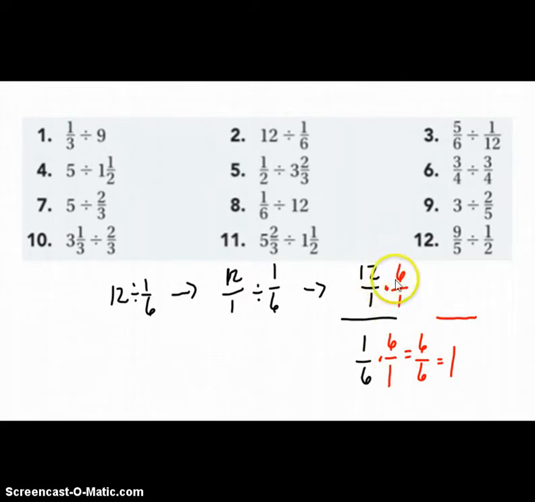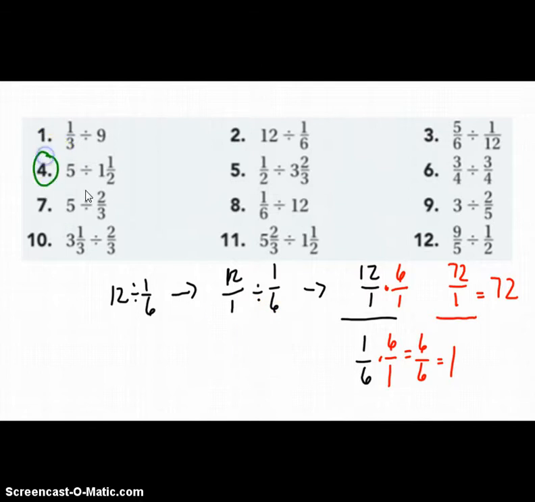So that would give me 12 times 6, which would be 72, and then 1 times 1, which would be 1. And then 72 over 1 would simply be 72. This is a lot of work, and it looks really confusing, but essentially all we're doing is multiplying by the reciprocal of the second fraction.